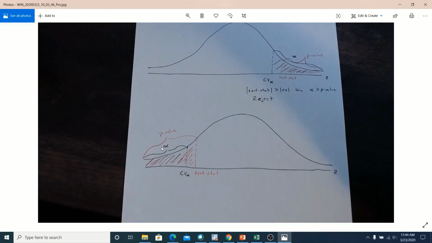So now my p-value is going to be greater than that desired alpha, so I would fail to reject. So the p-value is greater than my alpha, I fail to reject, and it would have to be that my test statistic is pushed to be outside of that rejection region. So we're always going to make the same decisions, because the p-value is explicitly linked to that test statistic, and alpha is explicitly linked to that critical value.